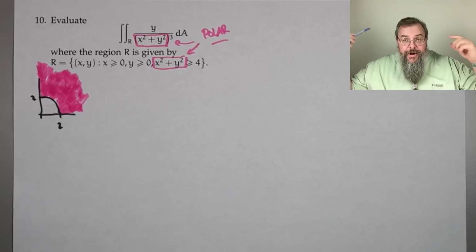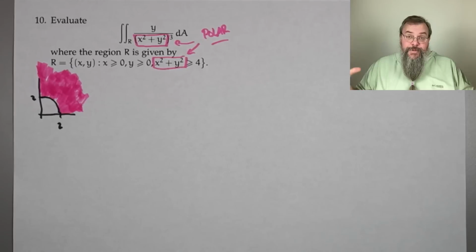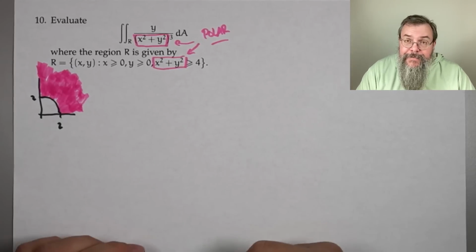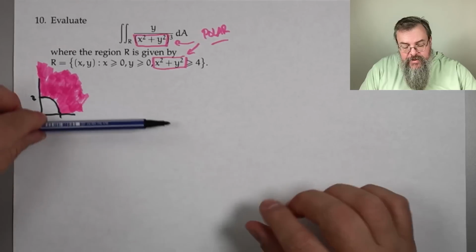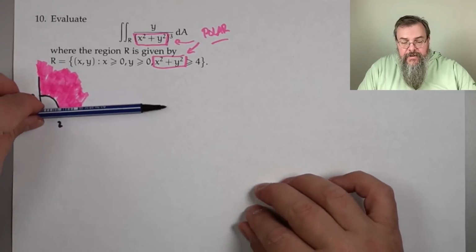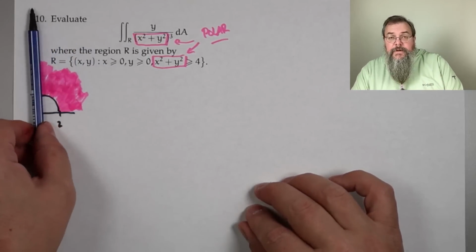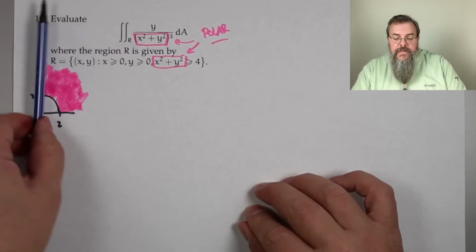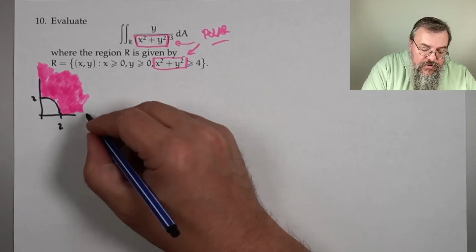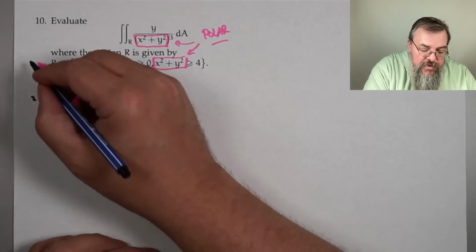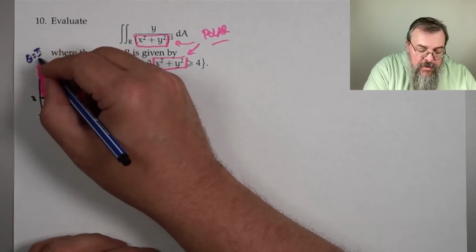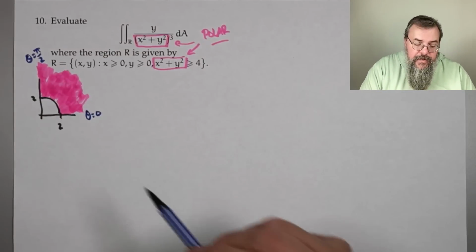All right, we already have the mindset polar. So we say, okay, how do we describe this in polar? Well, in terms of the angles, we start at this angle, which is 0, and we stop at pi over 2. So it's from 0 to pi over 2. Those are our angle bounds. And then where does r go from?